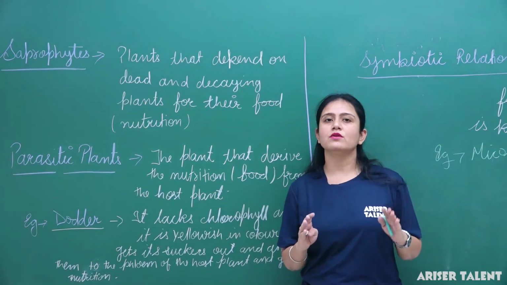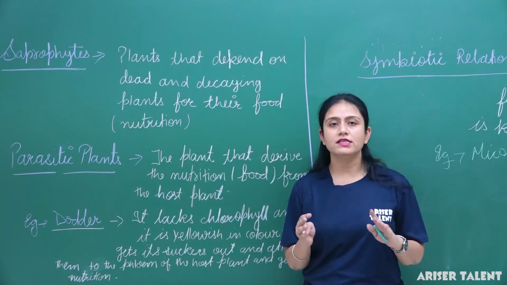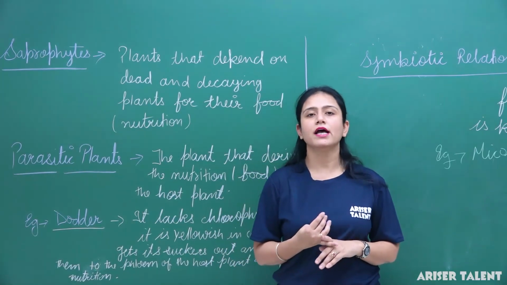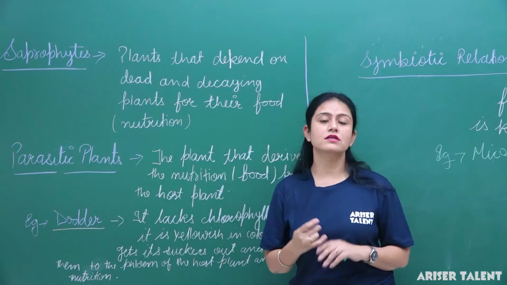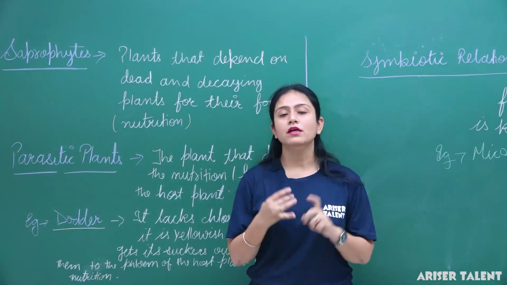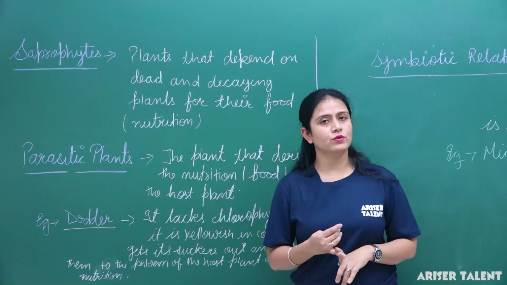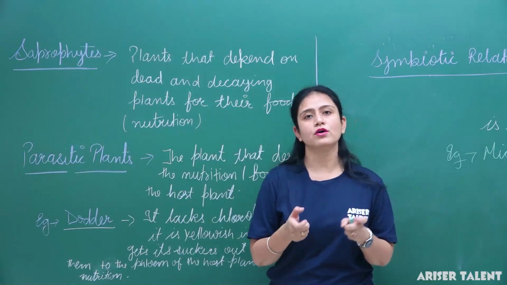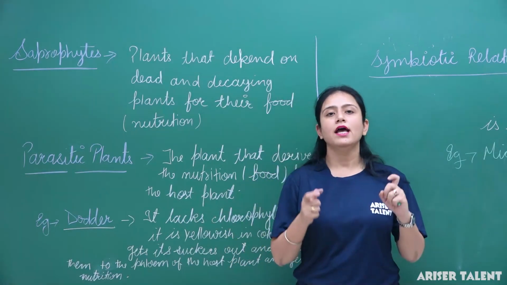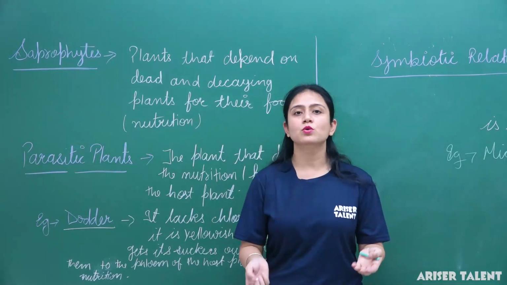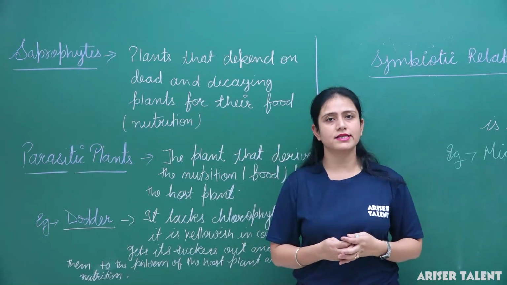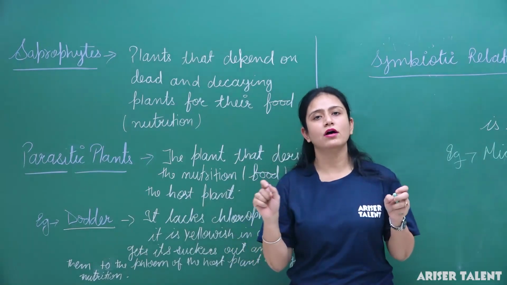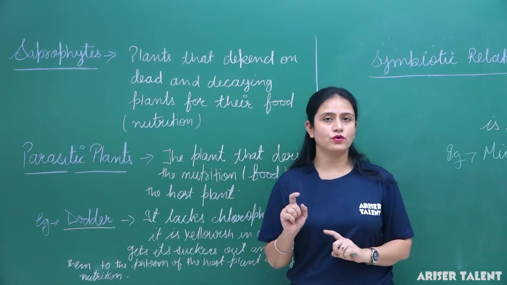These are generally of three types: saprophytic, parasitic and insectivorous. When they depend on dead or decaying plants, they are known as saprophytes. When they get nutrition from the host, they are parasitic. And insectivorous means the plants which feed on insects. Generally they feed on insects due to the lack of minerals, even though they are autotrophs. Clear?